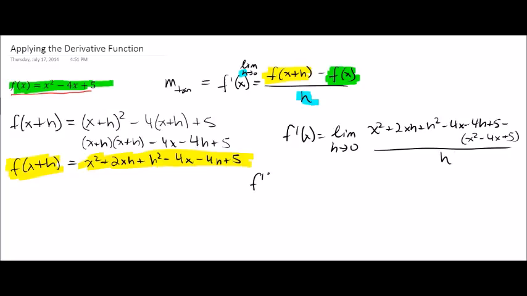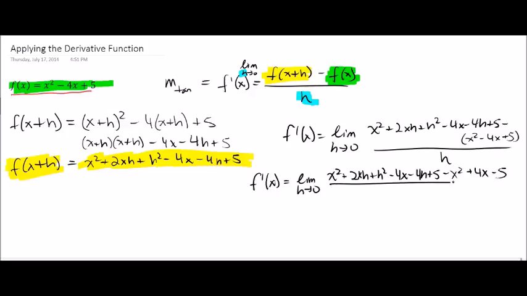And again, I'm just going to distribute that negative here, so we're going to get the limit as h approaches 0 of x squared plus 2xh plus h squared minus 4x minus 4h plus 5 minus x squared plus 4x minus 5 all over h.